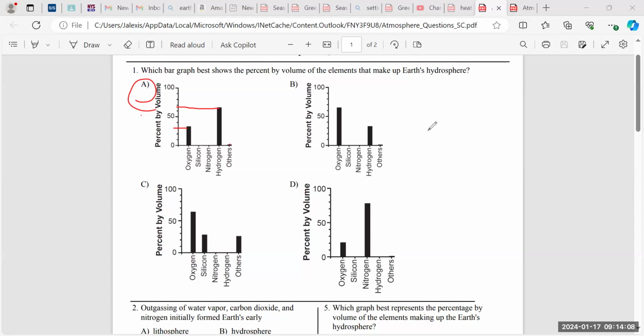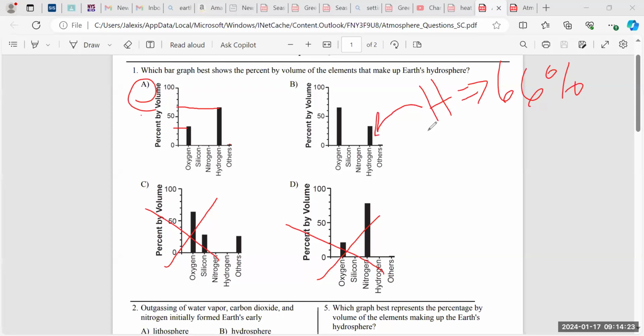It definitely can't be C and it definitely can't be D, right? And remember, hydrogen is 66%. That's why it can't be B, because right here it's showing less than 50. That's why choice A is the correct answer.